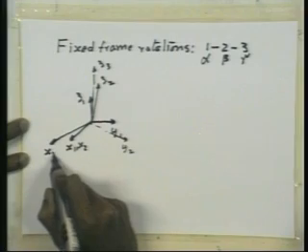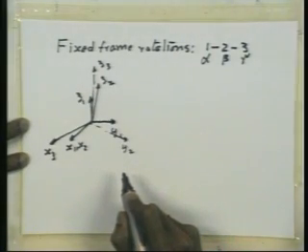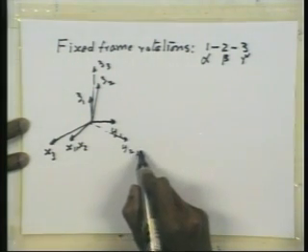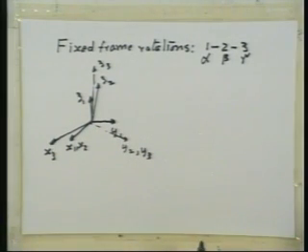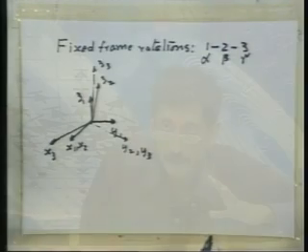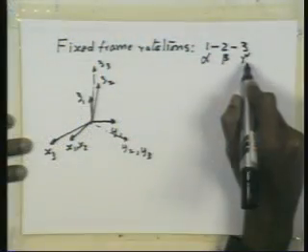So this is x3 now, this is z3, so y2 and y3 are the same, right? y1 is this. Okay. So now which is the global reference frame? x3, y3, z3. Fine. And which is the local reference frame? x1, y1, z1.